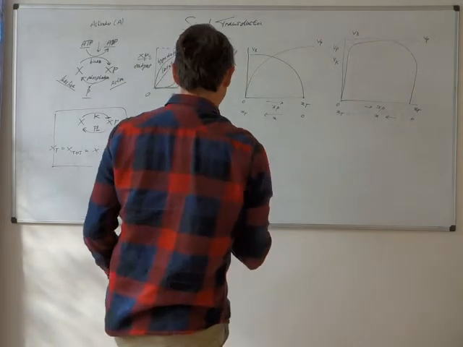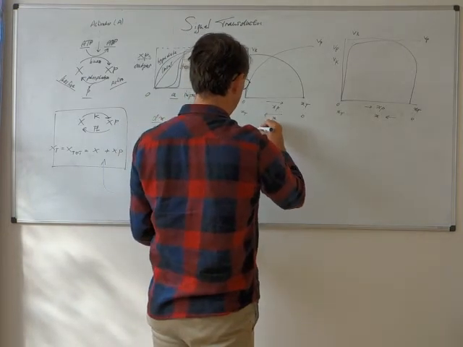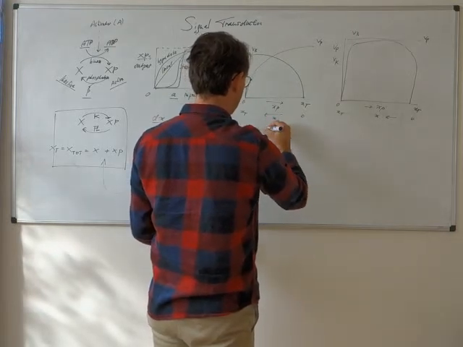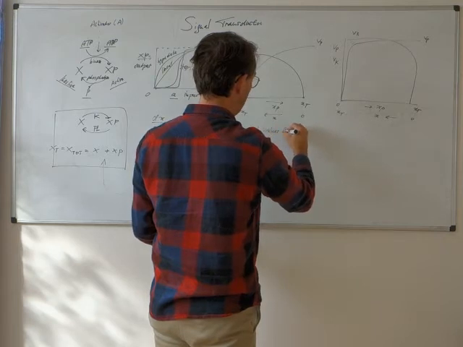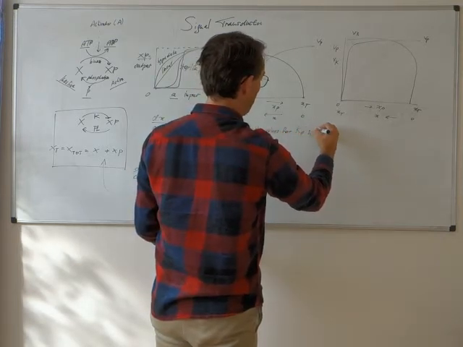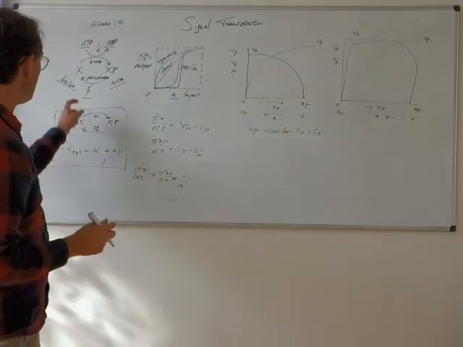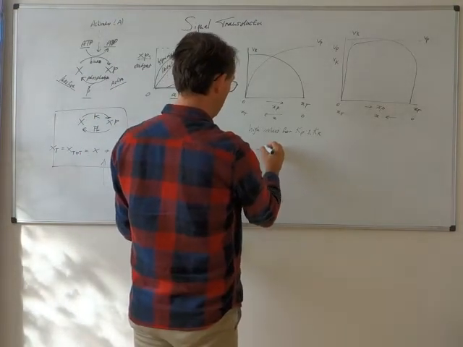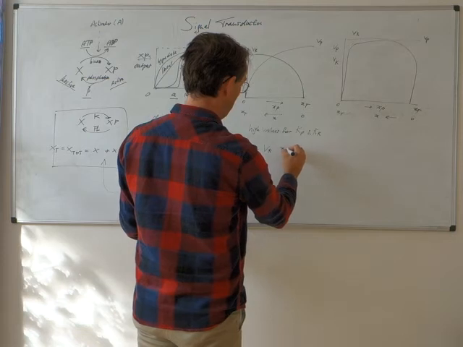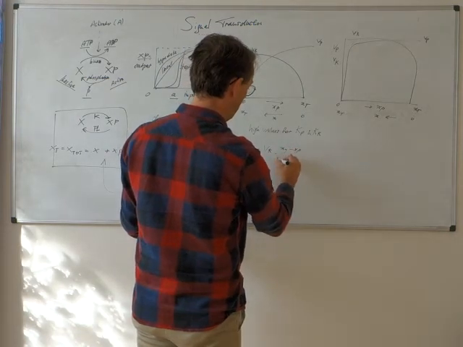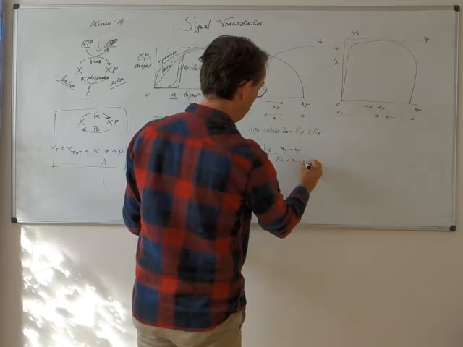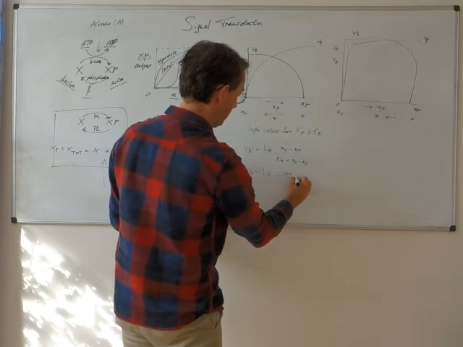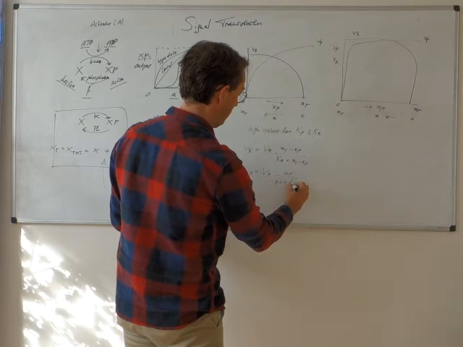So here we have high values for Kp and Kk. So let me write it down. The rate equation for the kinase was this one, and the rate equation for the phosphatase was this one.